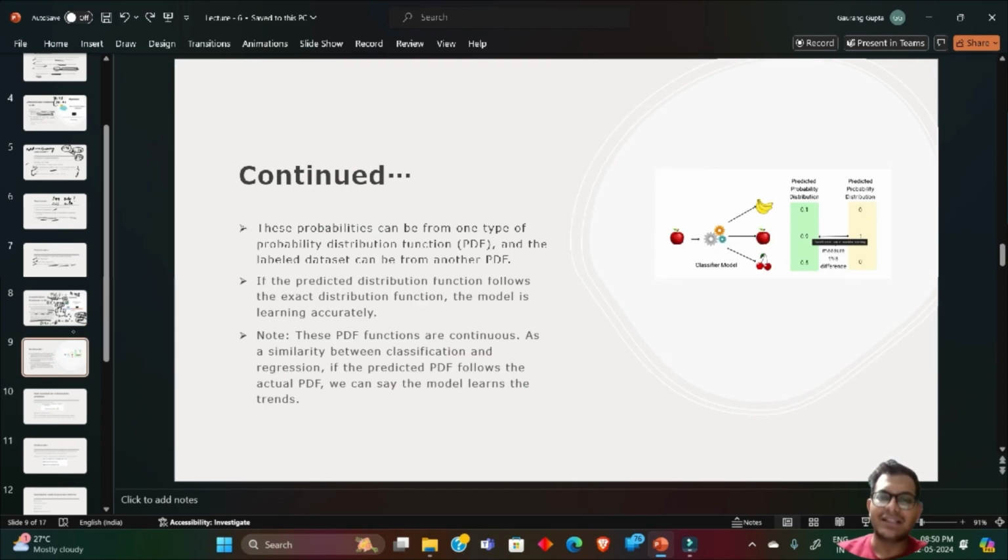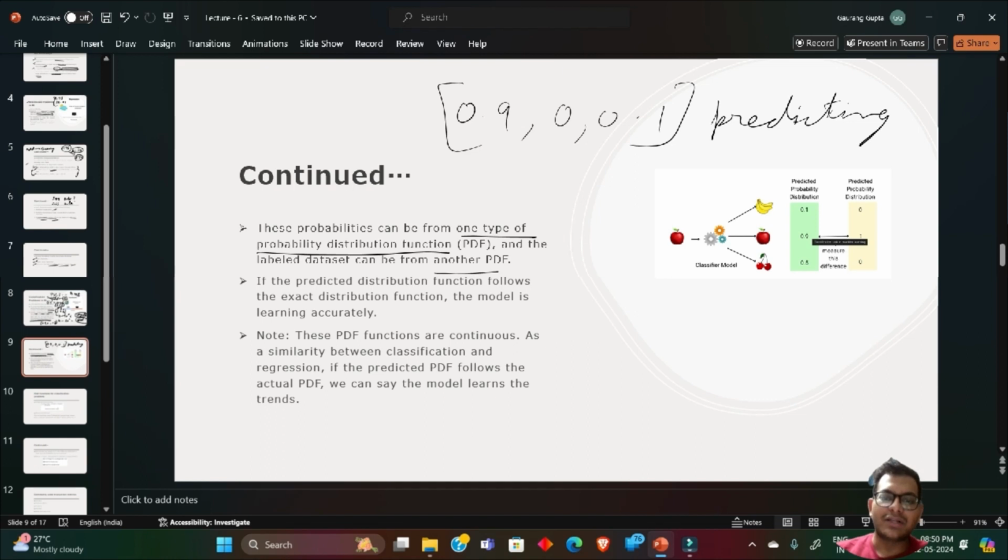Now these probabilities which we wrote in the previous slide, let me write them again. These can be from one type of probability distribution function while predicting. This is for predicting. And for training, another probability distribution function can be used.